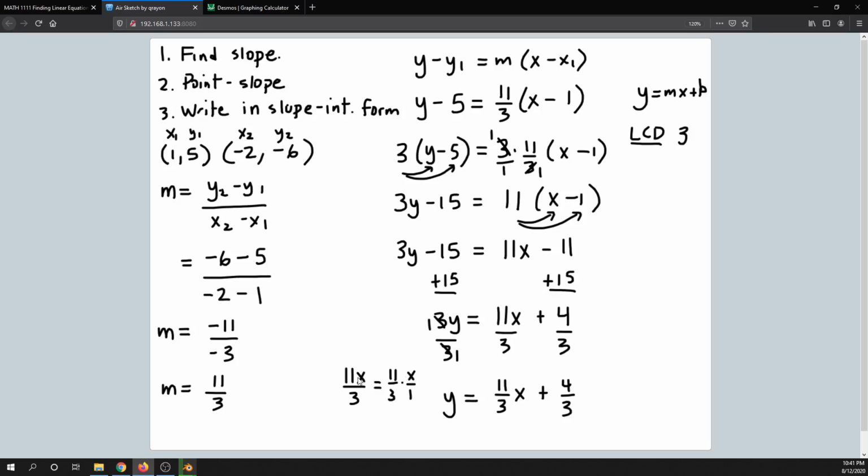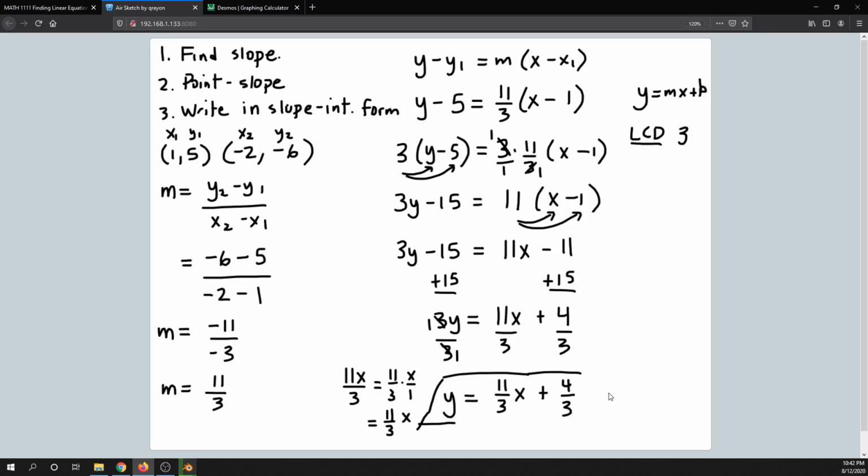So x times 11 is 11x. 1 times 3 is 3. So these two are exactly the same. And then anything divided by 1 is just itself, so I have x divided by 1. You can just write that as just x, like so. The reason for doing that is so our final answer here matches the y equals mx plus b form exactly.